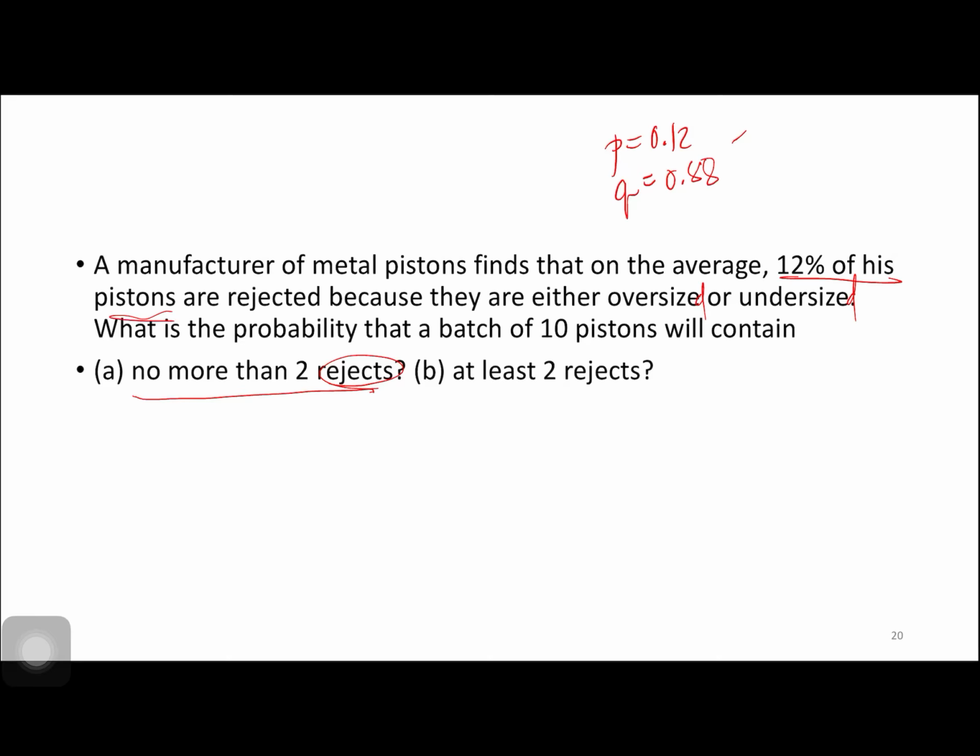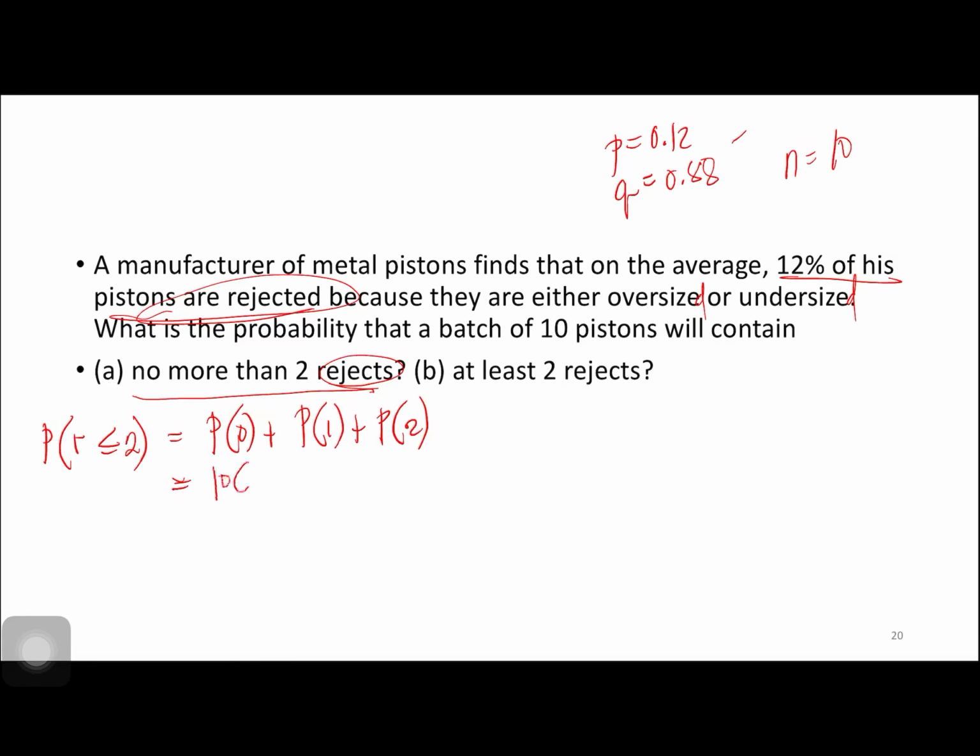Okay? Then our N is how many? We have 10. Okay? So, for P of R less than or equal to 2, we have there P of 0 plus P of 1 plus P of 2. Okay? So, we have here, what is our P of 0?